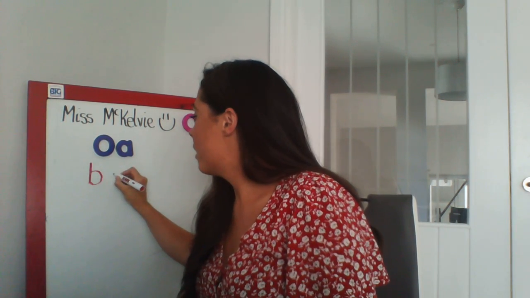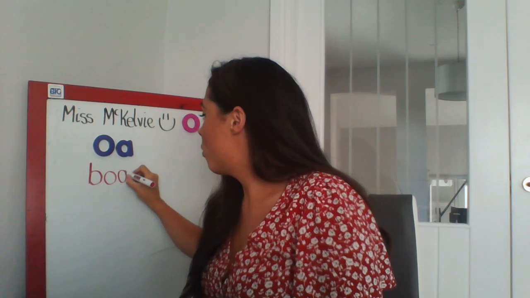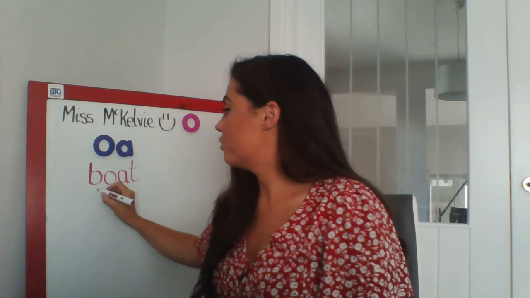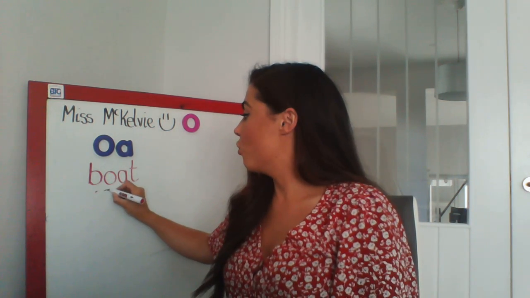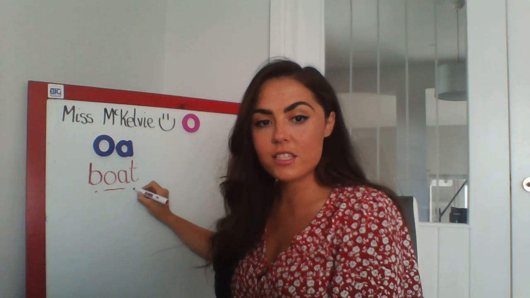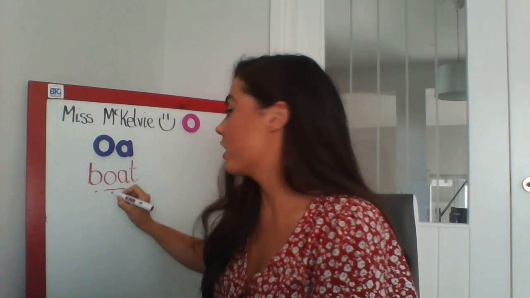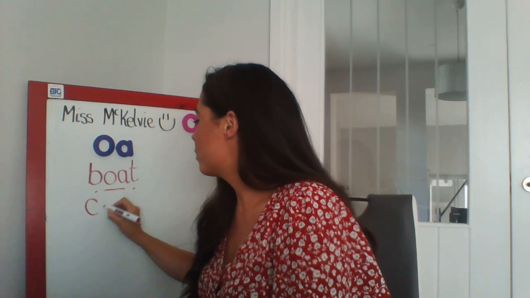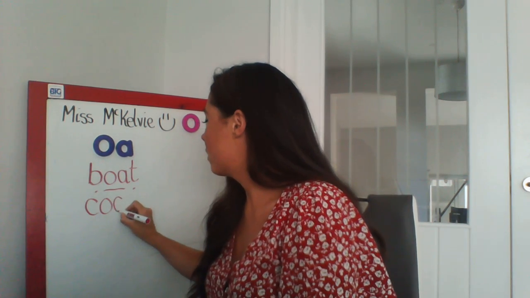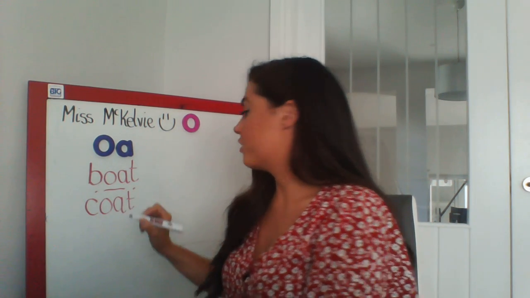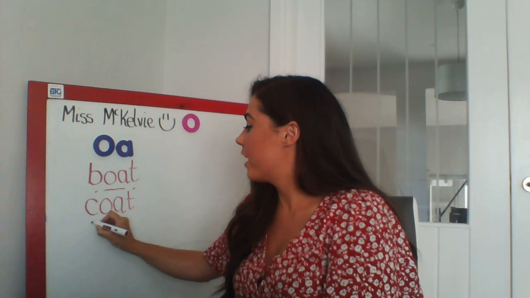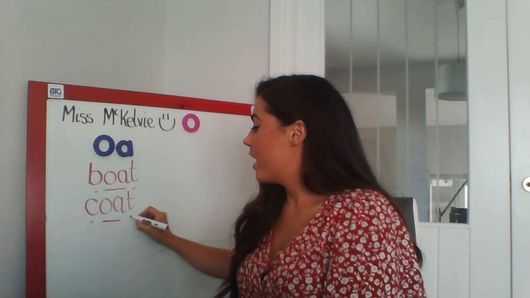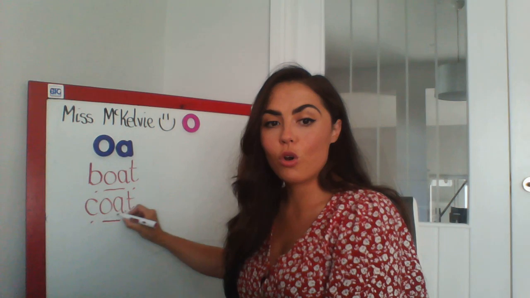B, O, T. You've got B, your O sound, and then T. Right, let's look at another one. This word. Let's try and sound that out together. So we've got K, O, T, coat.